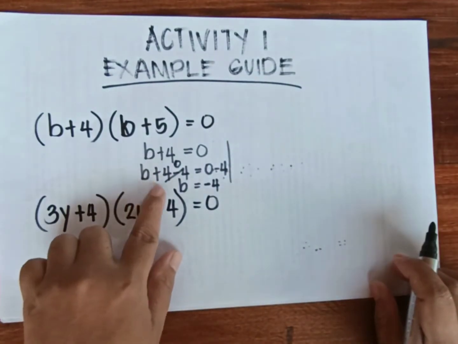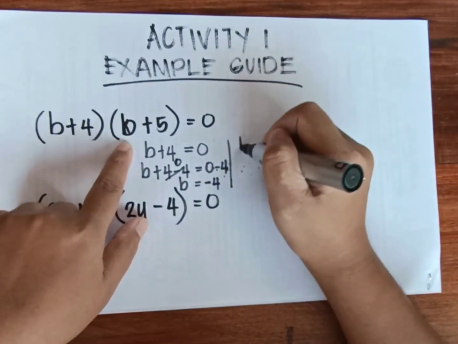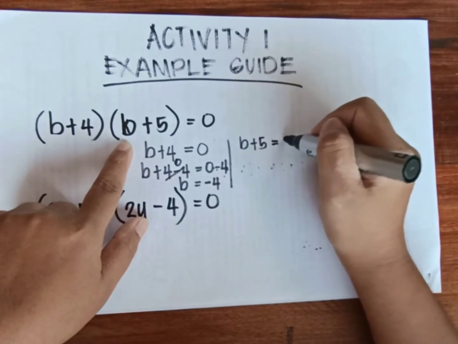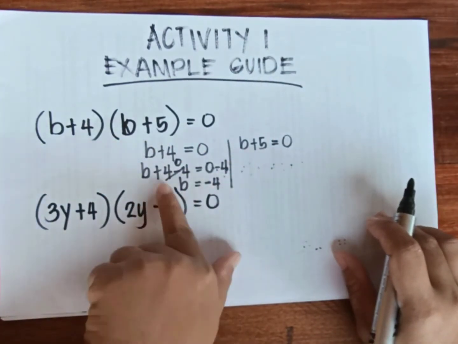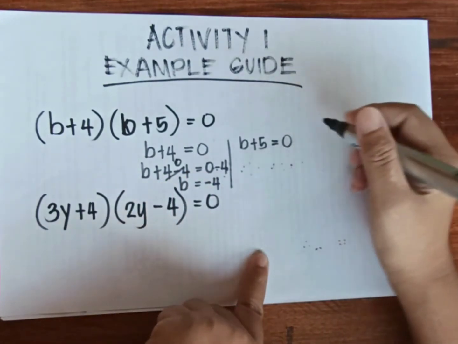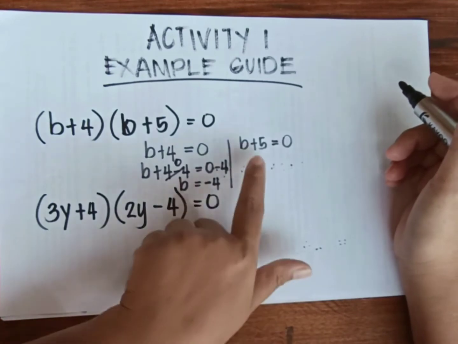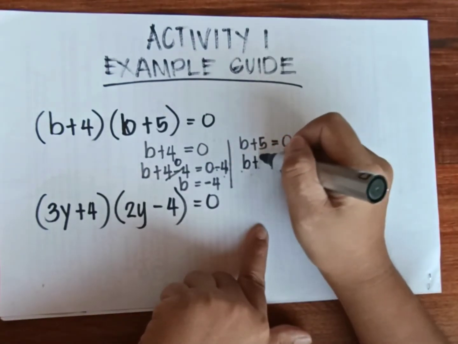That is your first factor's answer. Now, go to your second factor, which is b plus 5. Equate to 0. So, same procedure here. Only b should be left on the left side. So, you remove 5. So, positive 5. Use its opposite to make it 0.